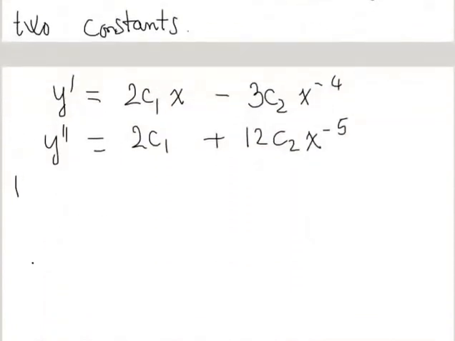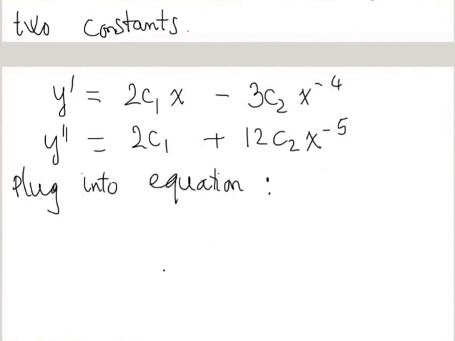Now let's plug into the equation. The equation is what? We have x squared times the second derivative, so I have 2c1 plus 12c2 x to the negative 5.